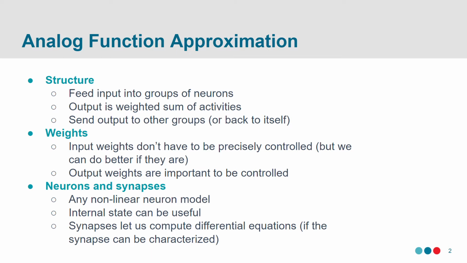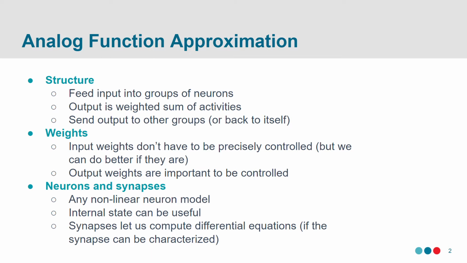But you don't have to. So that's one big aspect. But the output weights are pretty important and need to be pretty controlled, because that's the main thing you're going to adjust in order to have the network compute something that you want it to do.